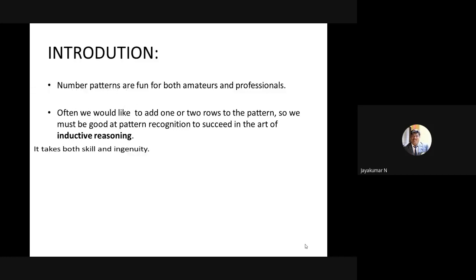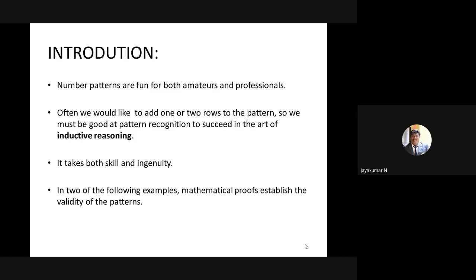It takes both skill and ingenuity. In two of the following examples, mathematical proof establishes the validity of the patterns. The validity of the pattern is an 8-mark problem. Suppose you have to find one or two rows of the pattern, that is our 2-mark problem.